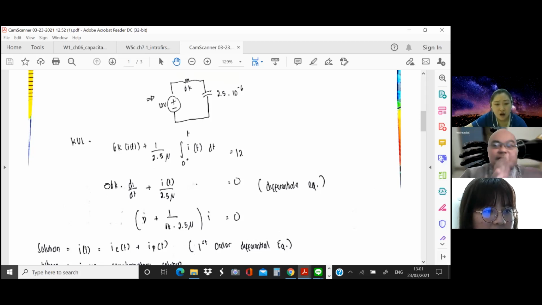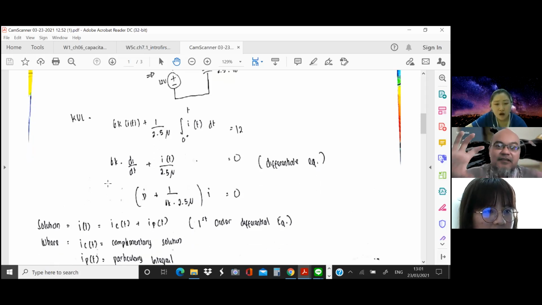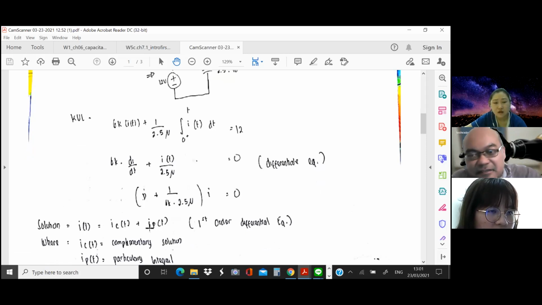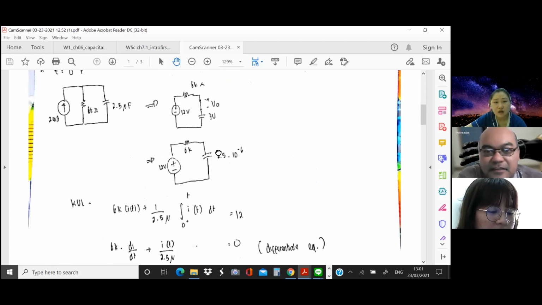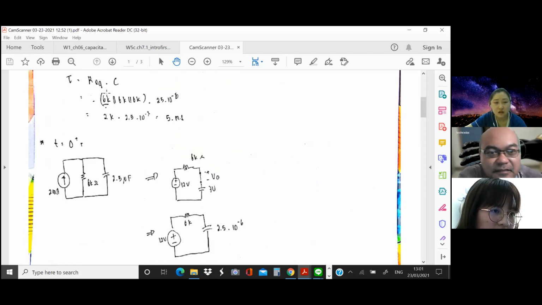After you express it as tau dx/dt plus x(t) equals F, you can immediately know where to calculate tau from. I see that in the upper part, you immediately calculated tau from the equivalent resistance. Yes, sir, and I found that the tau is not correct according to my key answer.